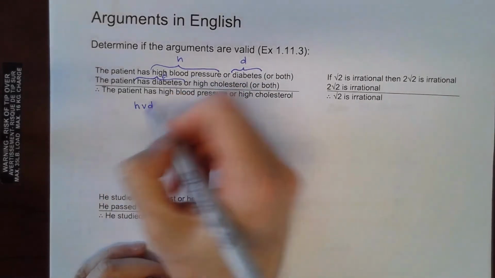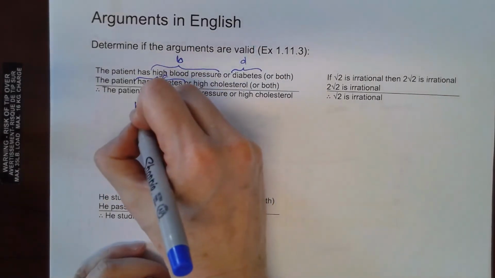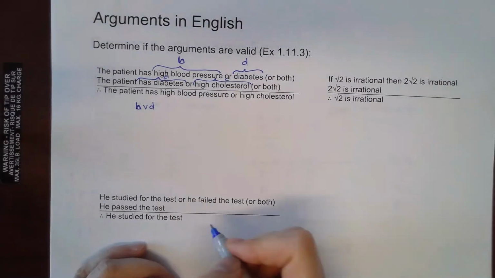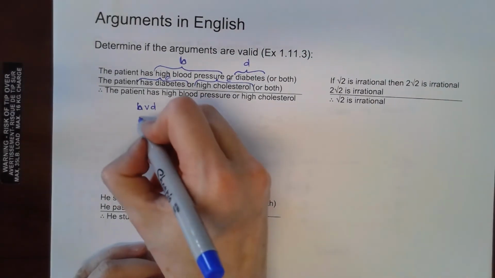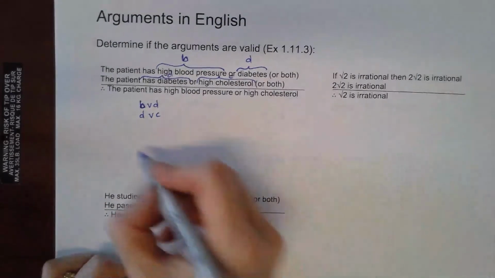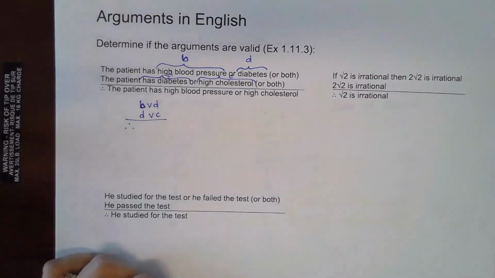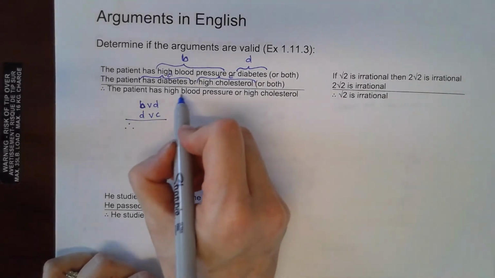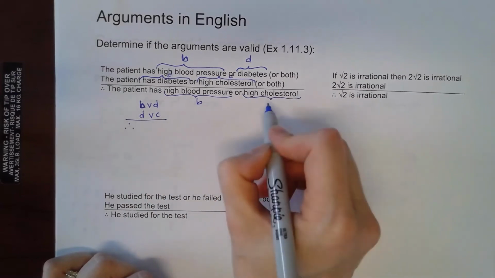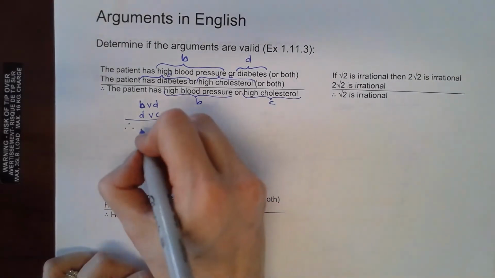Well, maybe I should put B for blood pressure here. Let me change it to B, because that also has the word high in it. So let's make this one C for cholesterol. So this is diabetes or cholesterol. Therefore, patient has high blood pressure, so this part would be B, or high cholesterol, this part would be C.